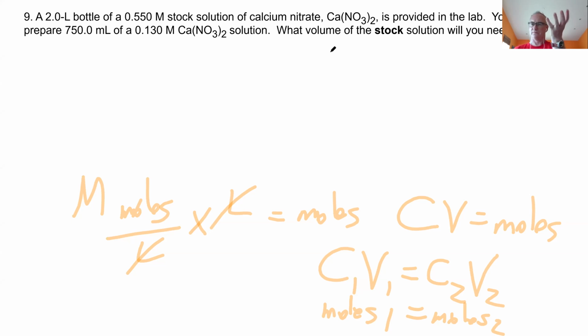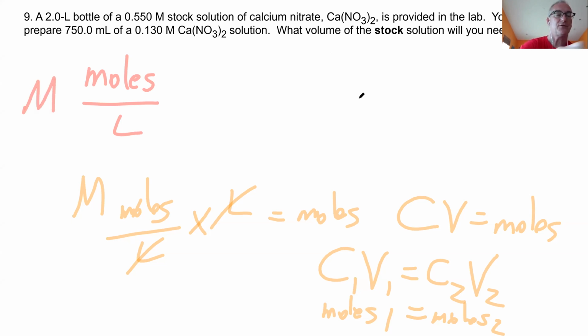Okay, so to get moles, we take the concentration, which is, remember, molar concentration is really helpful because it's in moles divided by liters. That's what the capital M stands for. It means moles of calcium nitrate divided by the volume in liters.